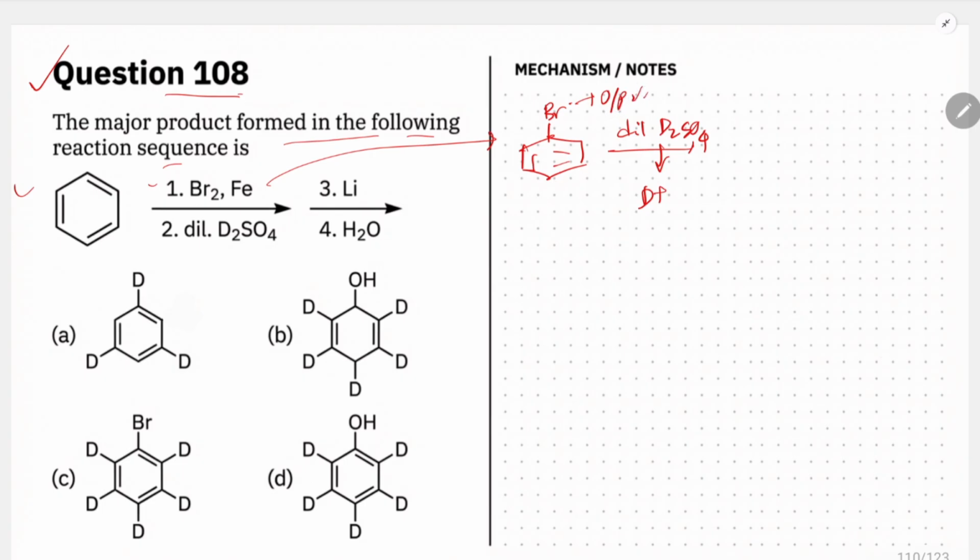This is a very special kind of reaction where in the presence of D2SO4 it will occupy all the ortho-para positions by electrophilic aromatic substitution. So the final product will be this: deuterium here, deuterium, and Br.